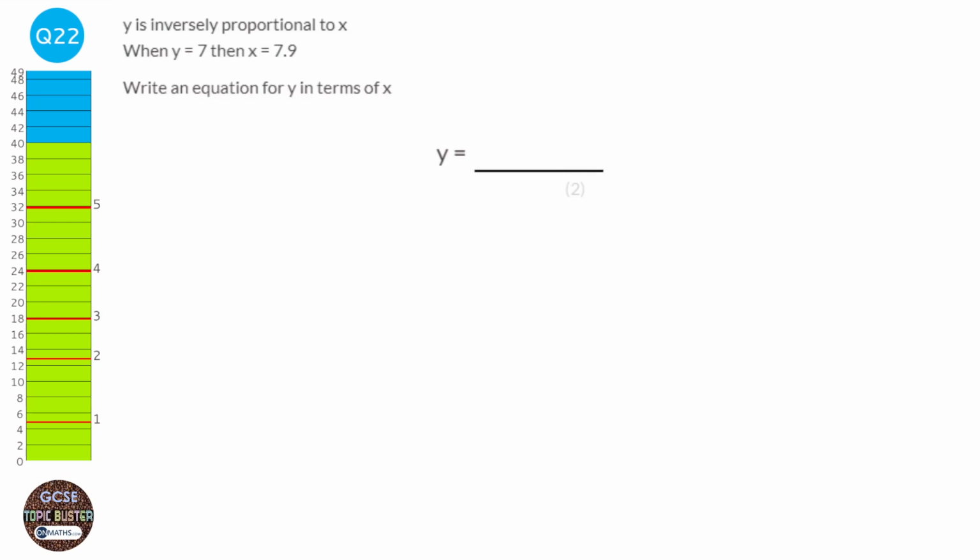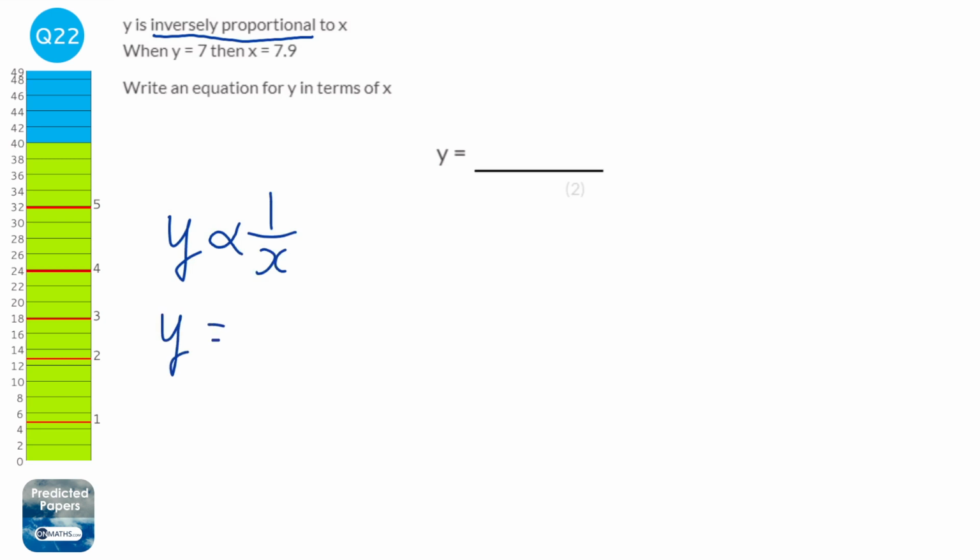When it's said that y is inversely proportional to x, it means that y changes as 1 over x changes. And to write this in an equation, all we do is write y equals k over x. Now k is something we need to find.